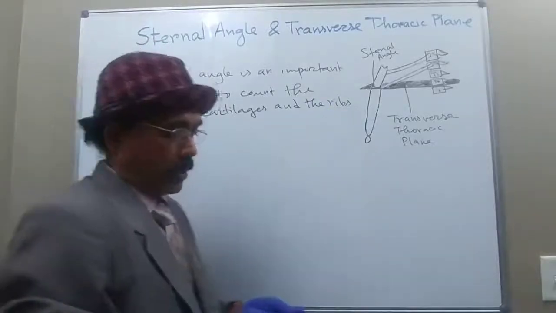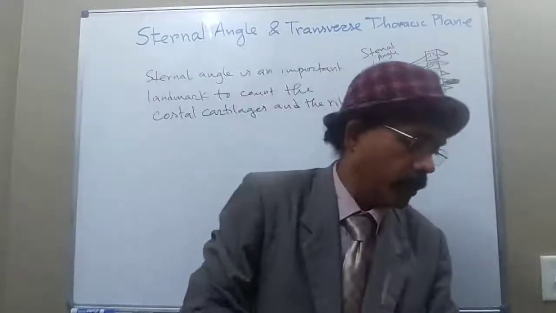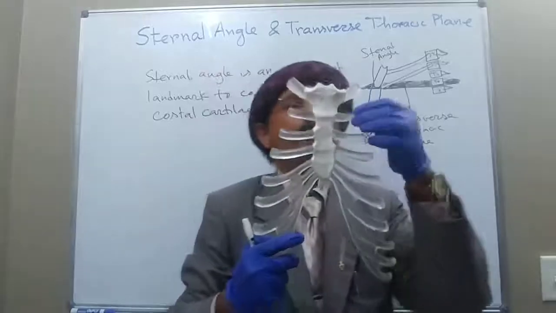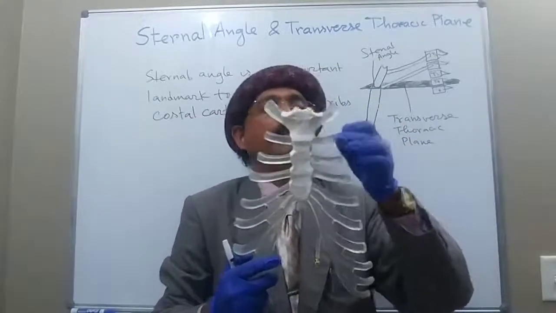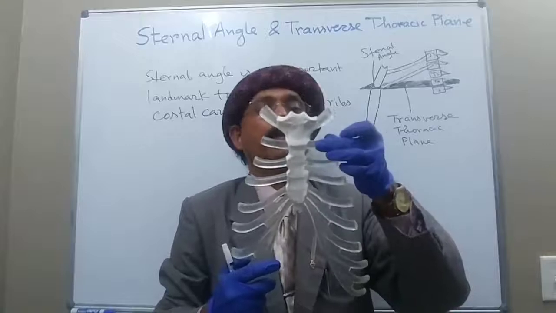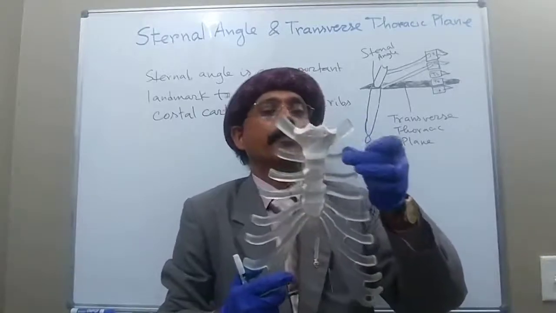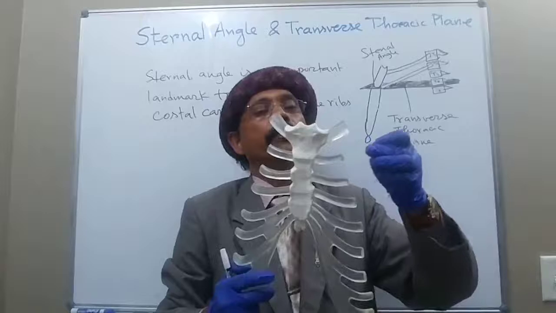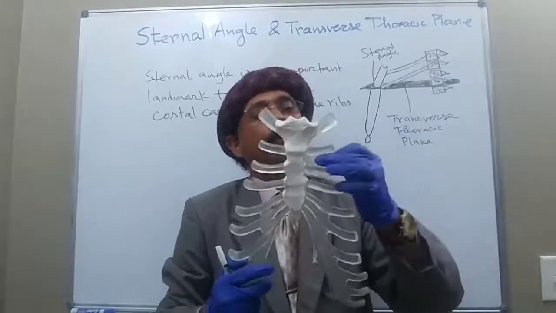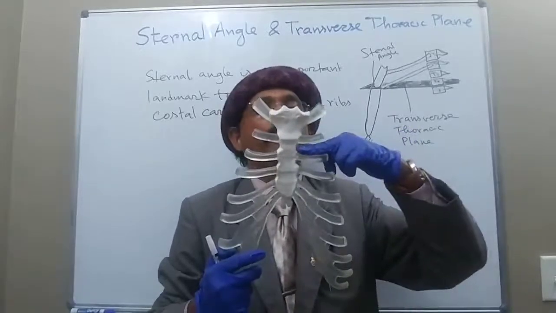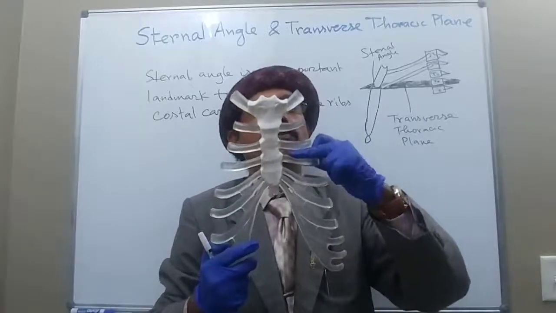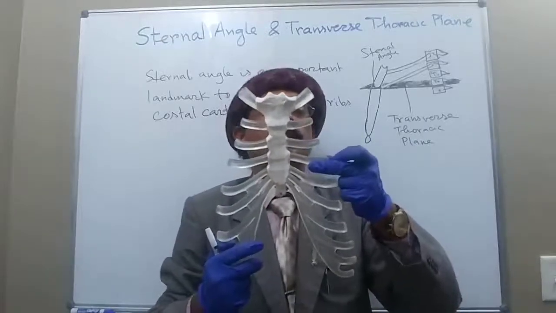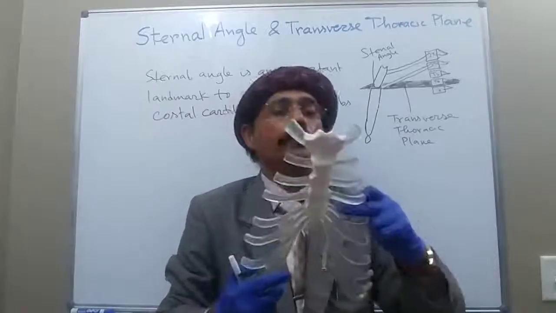At the sternal angle, the second costal cartilage is articulated by a synovial joint. This is the second costal cartilage. If you go laterally, you get the second rib. If you go down, this is the second intercostal space. This is the third costal cartilage, third intercostal space. Fourth costal cartilage, fourth intercostal space.